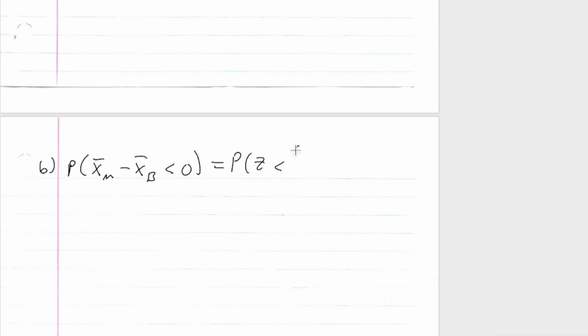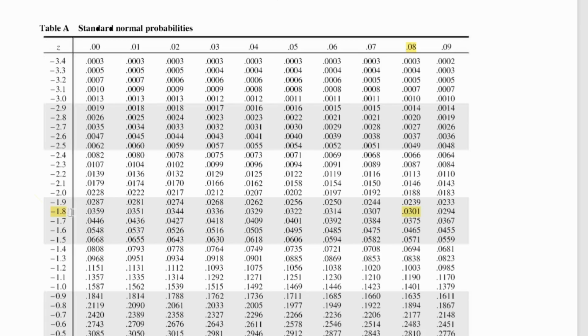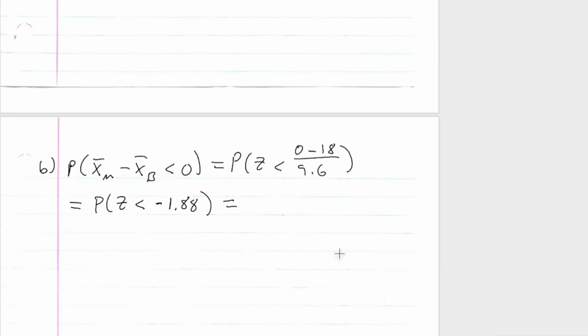That'll be 0 minus 18 over 9.6, which is the probability that Z is less than negative 1.88. Let me go to my table. Negative 1.88 gives me 0.0301, which is about 3.01%.